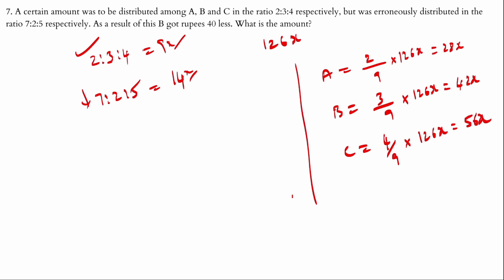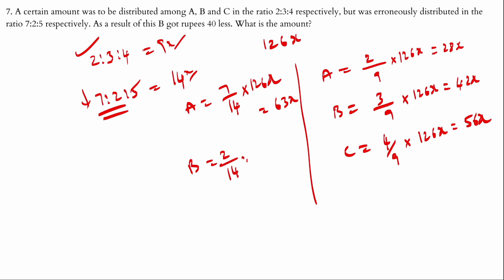56x. But erroneously this was done, so the erroneous value of A is 7 by 14 of 126x. This will be equal to 63x, and B's value is 2 by 14 into 126x. This will be equal to 18x, and the value of C is 5 by 14 into 126x.